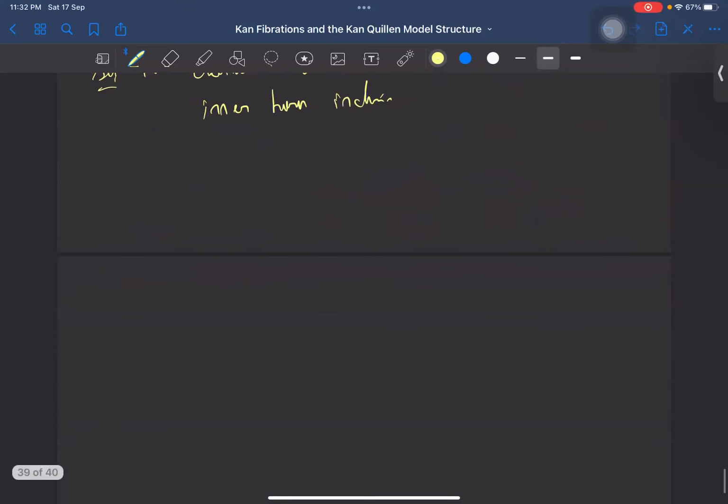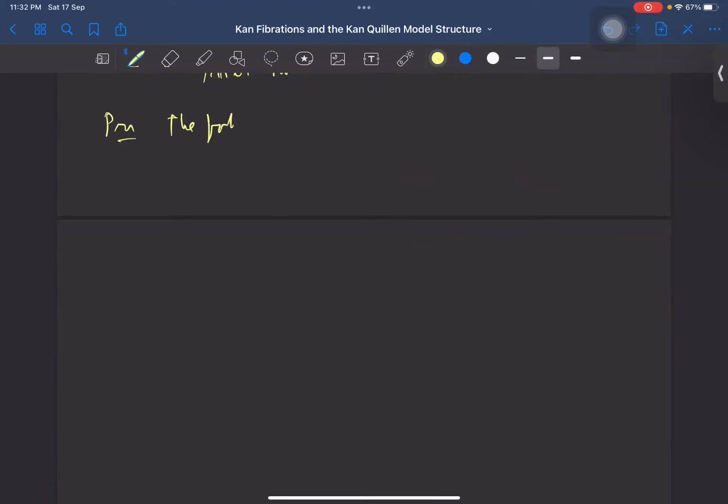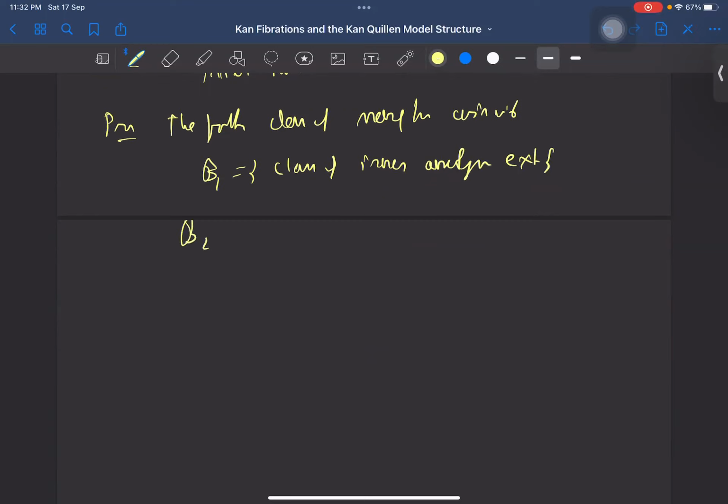Again, I'll just state that the following classes of morphisms coincide. Let me name them. The class of inner anodyne extensions, let me call it B2, is exactly from Cisinski, so you can look that up.